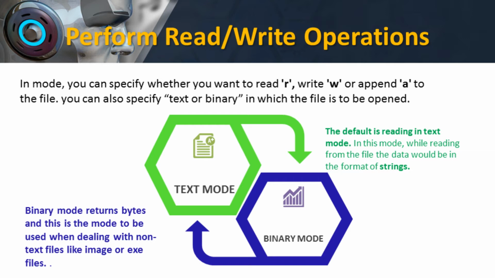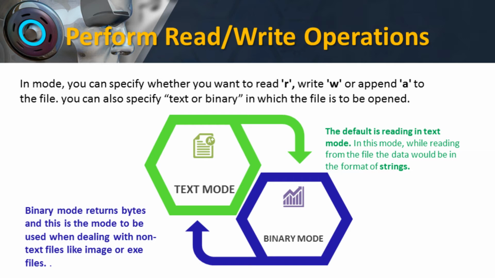Here the default is reading in text mode. In this you can read from the file which contains a certain format of strings. If it is binary mode, it returns bytes and it's used when dealing with non-text files like images, executable files, etc.